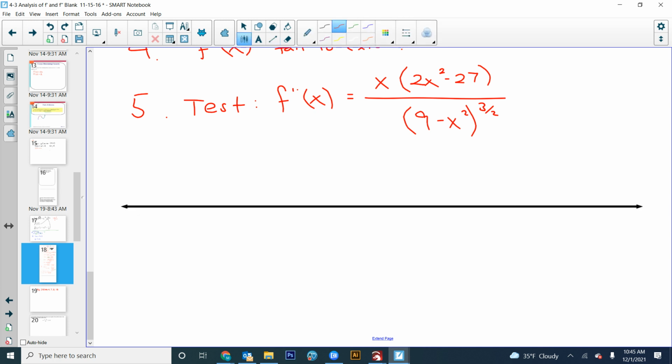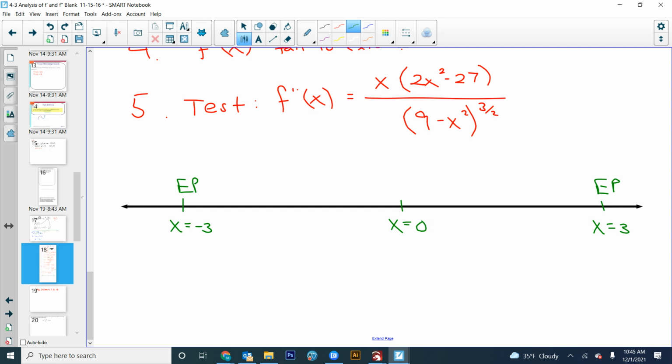Now we have -3, which is an endpoint, a natural endpoint. We have +3, which is a natural endpoint. And the only test point on our graph was 0.